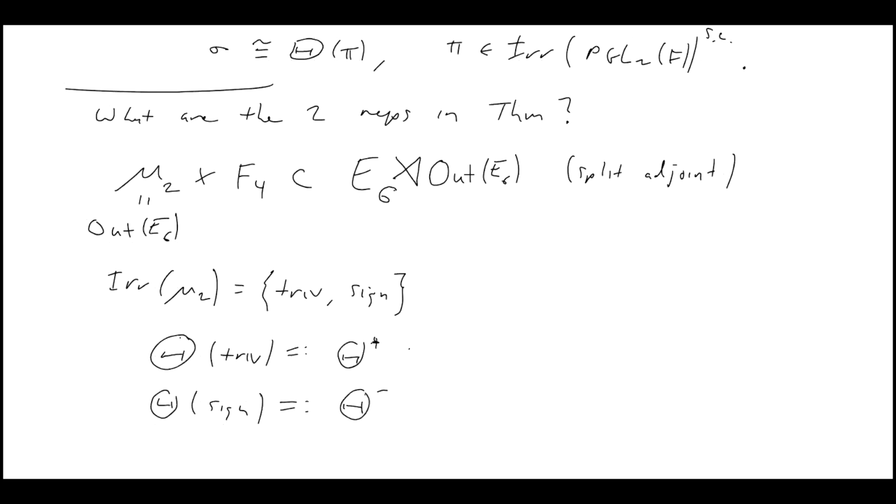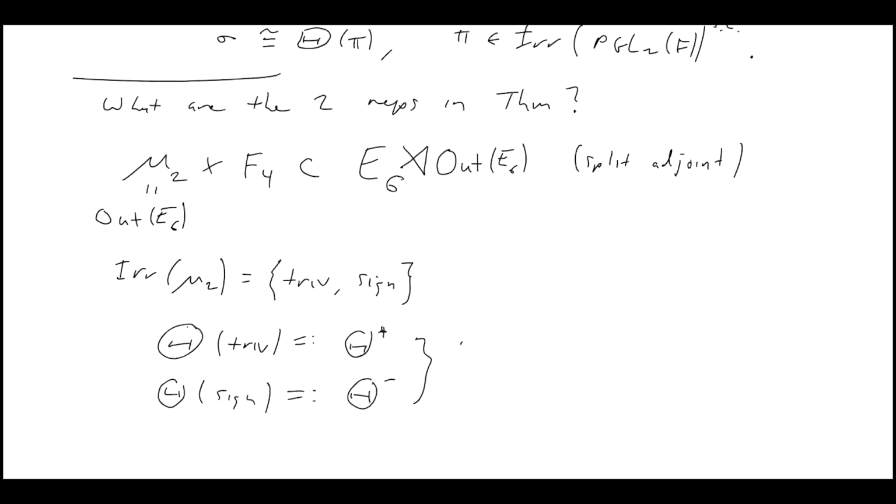Right, both of these are irreducible representations of F4, and these are the two representations which are excluded in the theorem.